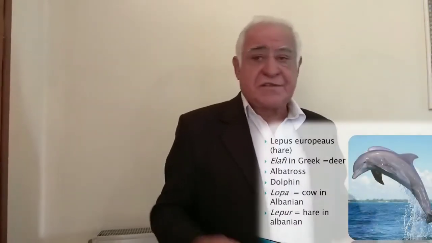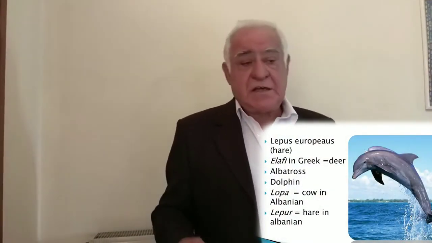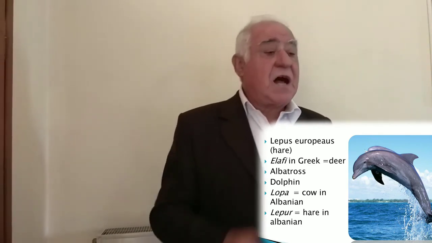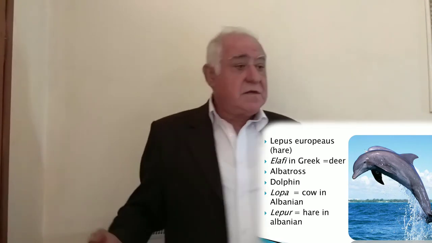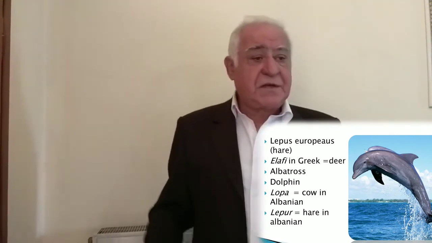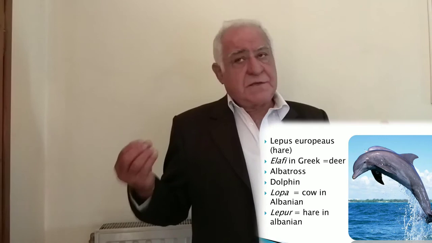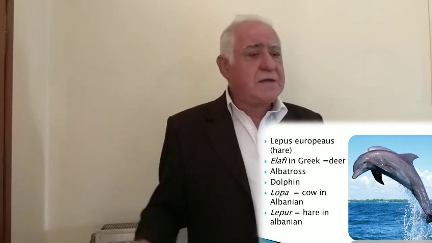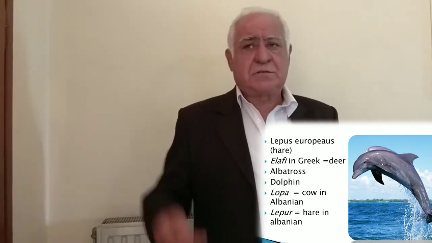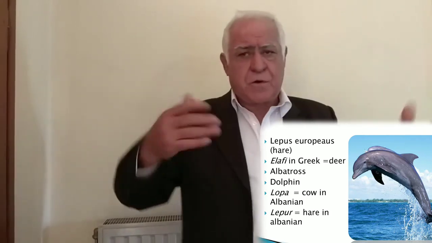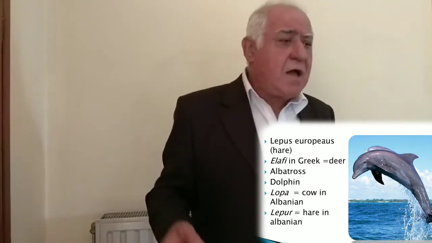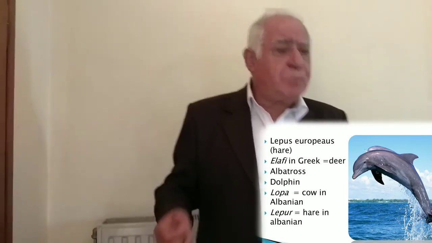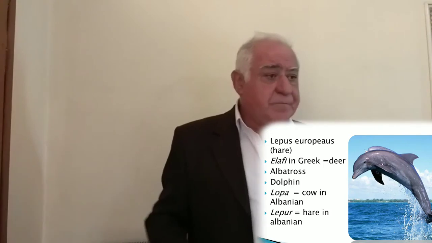And then we could go on with lepus europaeus, which is a hare, elaphi in Greek, which means deer, the albatross, the famous bird, which is red and white, and we have dolphin, you can see in the picture. Some dolphins are black and white, and it could refer to the dolphins being on top of the water with all the foam around. And then we have lopa, which is cow in Albanian, or lepur, which is a hare in Albanian.